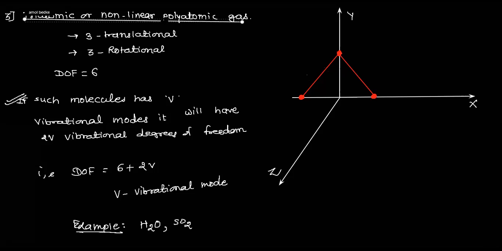I am going to give you one chart so that you can keep it in mind. Let's see. So see here, degrees of freedom of different gases at room temperature.